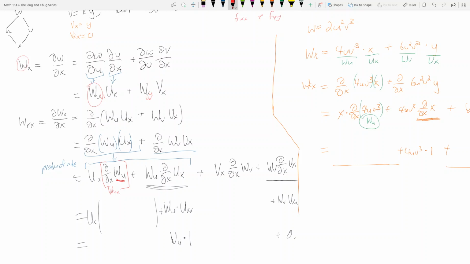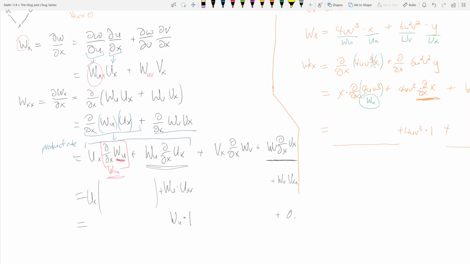So everywhere that had a w, you add u's. And so what do you get? Now I get w sub u sub u times u sub x plus w sub u sub v times v sub x. Does that make sense? So this then is by the chain rule again.